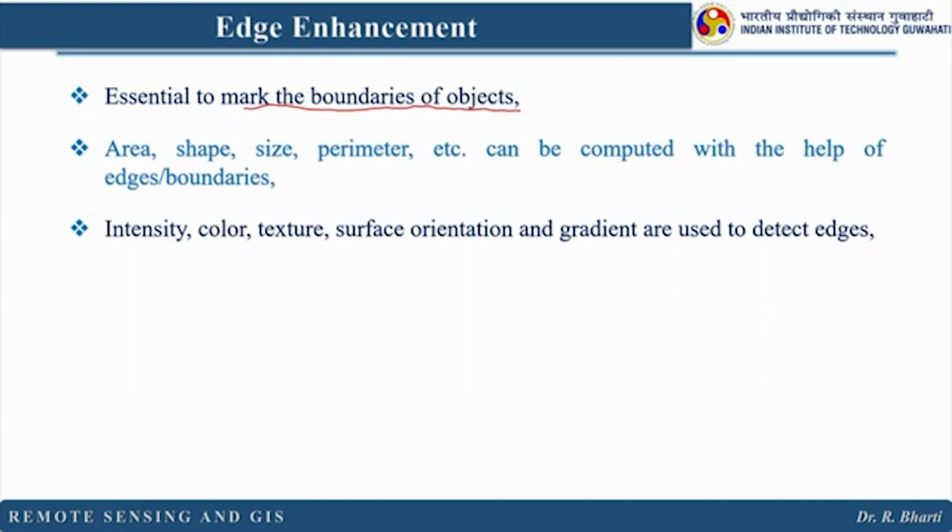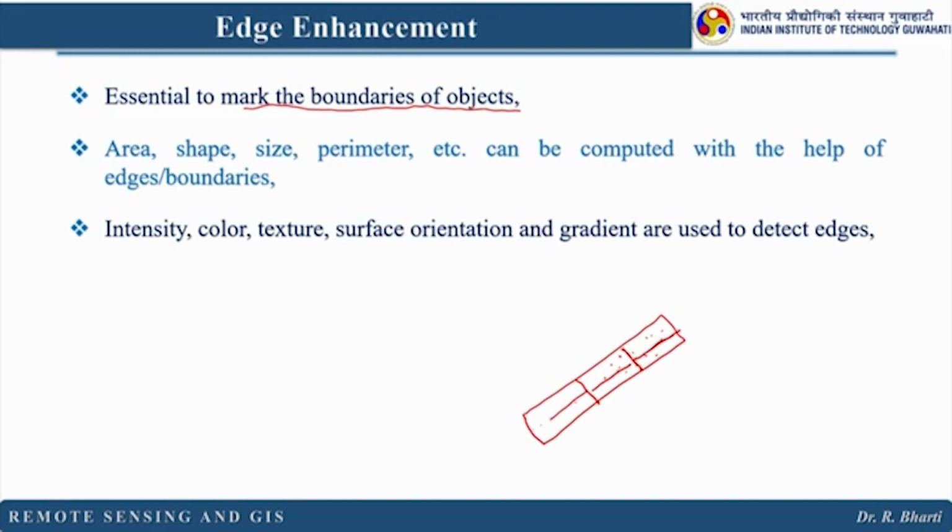Let us say in red color you have a color bar, and here it is very light and it is increasing, right? I cannot draw this gradient. From here to here it is very dark, here it is medium range, here it is very light. If you have such an intensity difference, that also tells you this is a change in intensity, so there could be a change in the object, right?